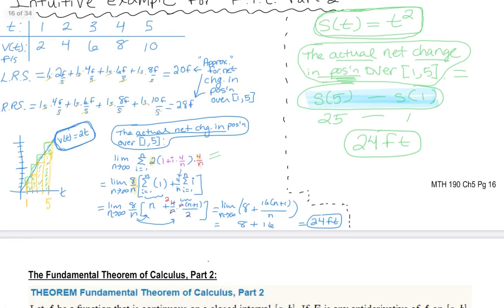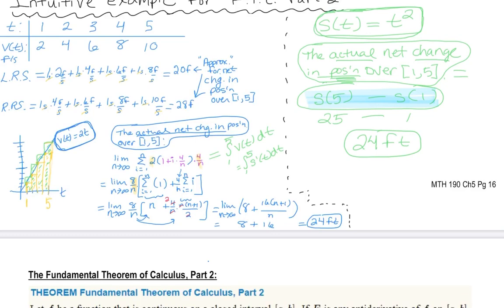This is our definition of the definite integral on the interval from 1 to 5 of our v of t function. And v of t, we know, is also just s prime. The derivative of position is velocity.